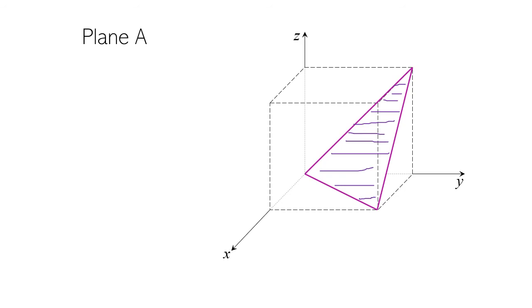Now, according to the procedure, step 1 says that the given plane should not pass through the origin or should not touch the origin. And as we can see here, this vertex of the given plane A touches the origin or passes through the origin.